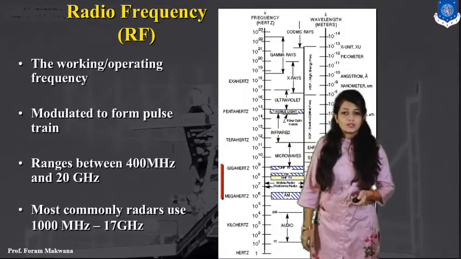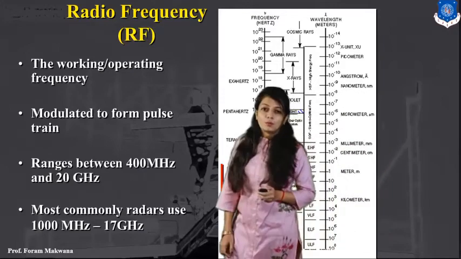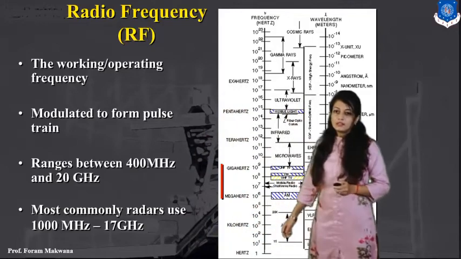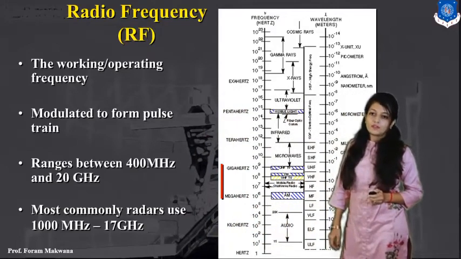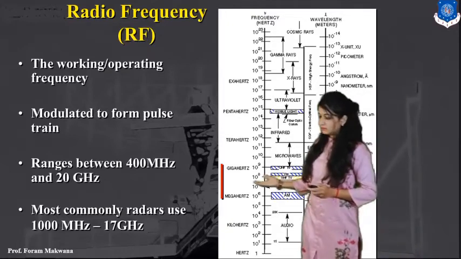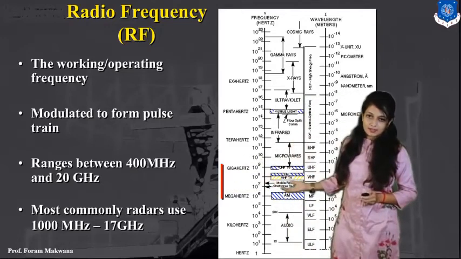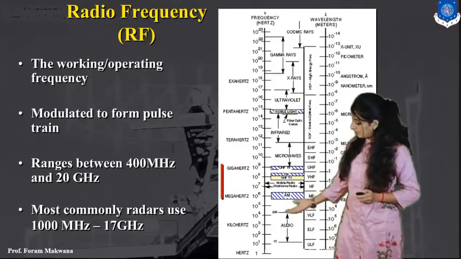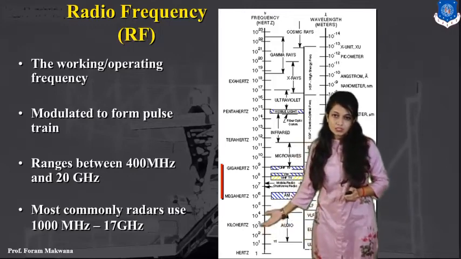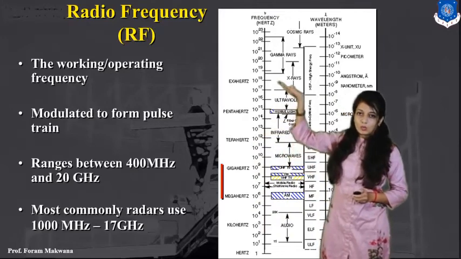Now at which frequency is radar going to be operated? The operating frequency of radar is most commonly 1 gigahertz to 17 gigahertz. Over here, the frequency range is available starting from hertz to megahertz, gigahertz, terahertz, likewise.